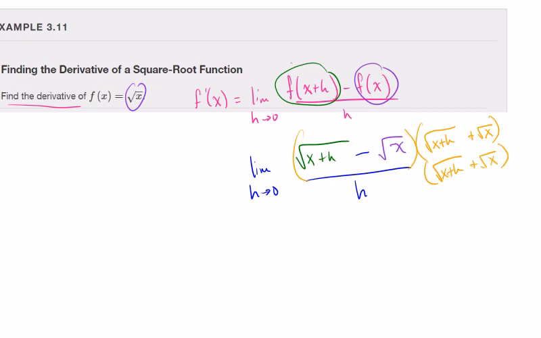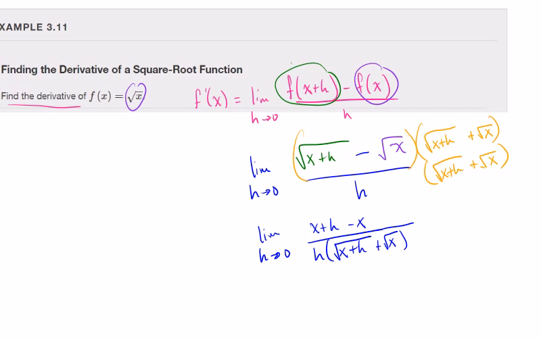And so then on top, we'll get a squared minus b squared, so it'll be x plus h minus x. Then on the bottom, we have h times the quantity of the square root of the quantity x plus h, plus the square root of x.